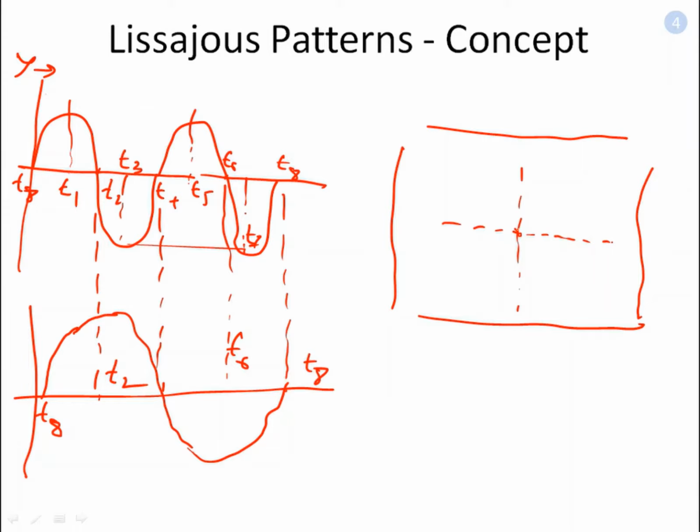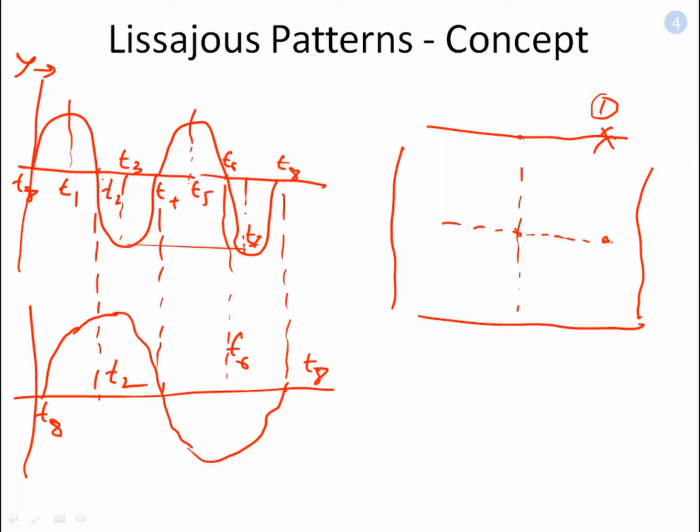So when the time T1 comes, then Y is at the peak, I mark it as peak, but X is not at the peak, so X is somewhere here. So both the combination should be something here. So this is the point of T1.